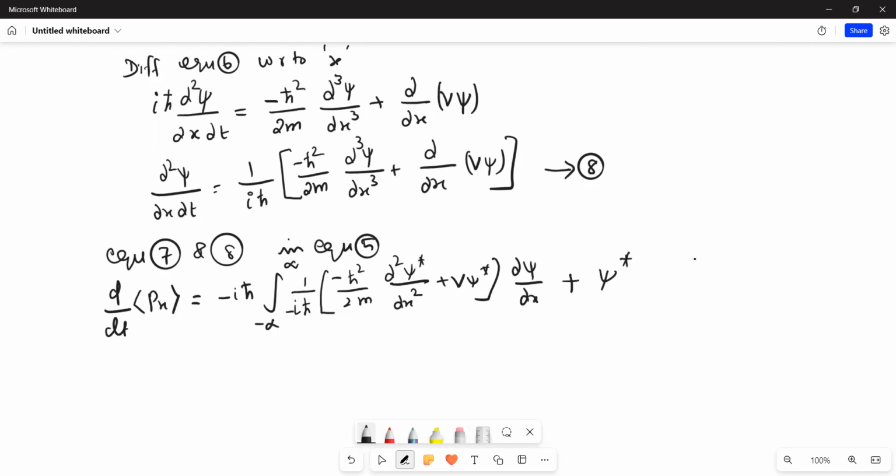In this also, instead of this, you can apply this one: (1/iħ)[−(ħ²/2m) ∂³ψ/∂x³ + ∂/∂x (Vψ)]. Right. So finally we will get dx.